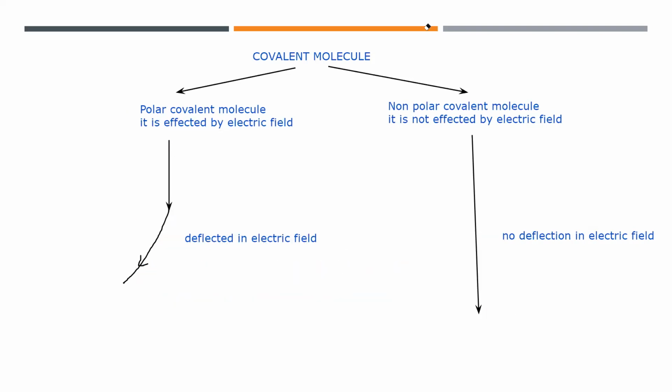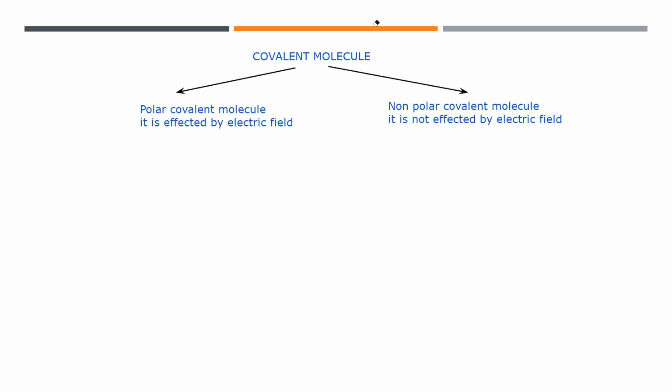But whether molecules are non-polar or polar covalent depends on two things. Number one, it depends on the geometry or the shape of the molecule, as well as the number of atoms attached, or how many bonds are present. For example, if a molecule is polar, it will always contain polar bonds.